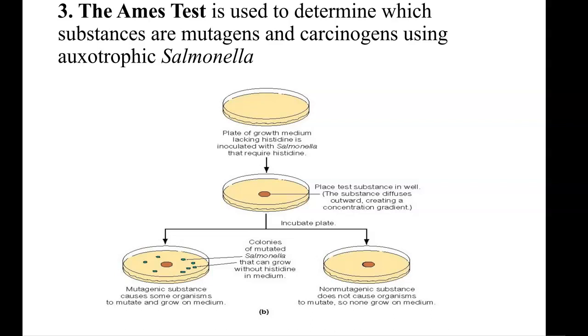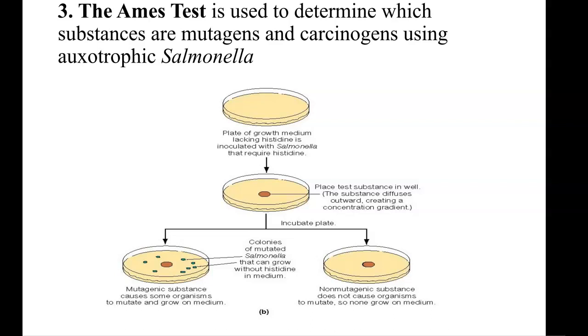This is a very common toxicological test. If you were to buy a chemical from a supply house, it would come with a material data sheet. On that material data sheet, it would talk about the chemical, if it's flammable, and usually the last thing they talk about is this Ames test, whether or not this chemical causes mutations.